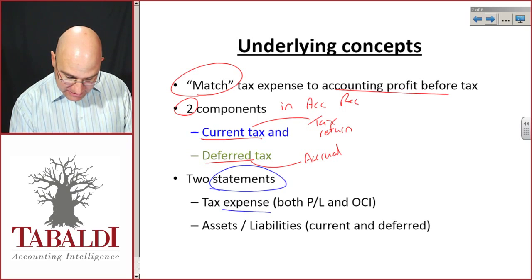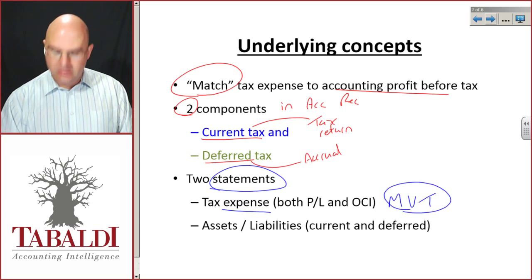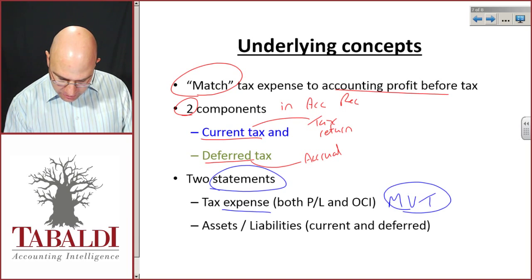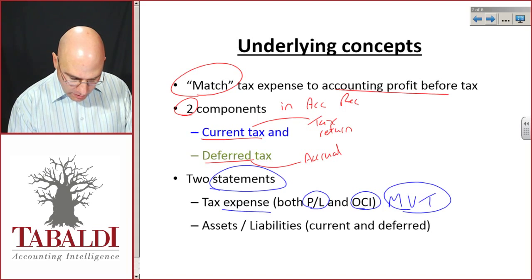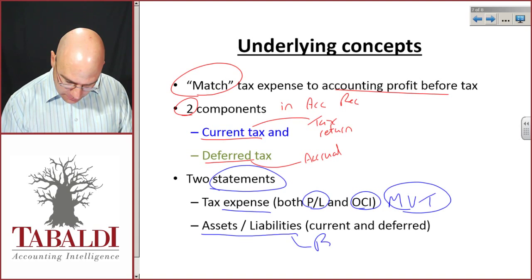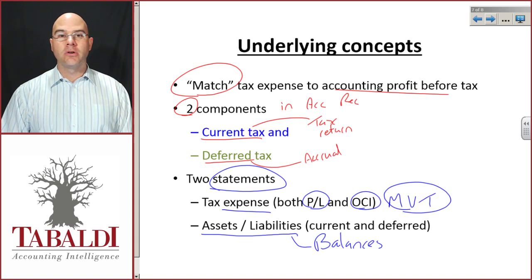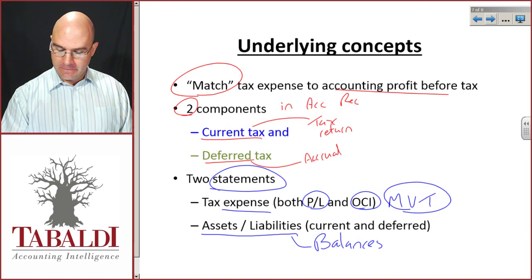We will talk about tax expense, which I'm always going to refer to as the movements, okay? And that's going to be either in profit and loss or other comprehensive income. Whereas then we'll also have our tax assets and liabilities being the balances. And that will be in the statement of financial position. Remember, there will be current as well as deferred tax balances.